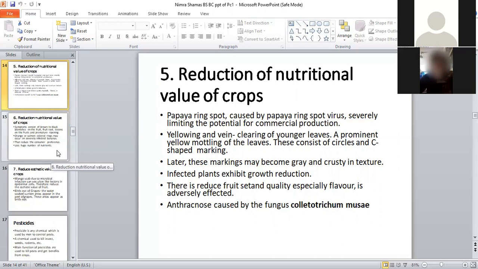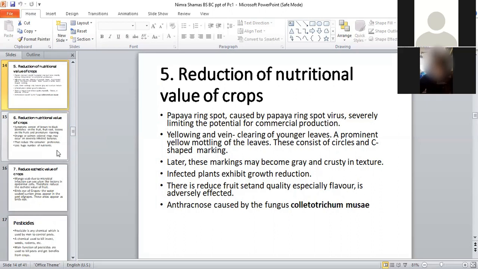Okay, papaya ringspot severely limits the potential value and the nutritional value. We know that there are many symptoms that crops show as a disease: vein clearing of younger leaves, prominent yellow mottling of the leaf, and circular ring marking. Later, these markings may become gray and crusty in texture, so there is a reduction of certain fruit qualities, especially flavor.